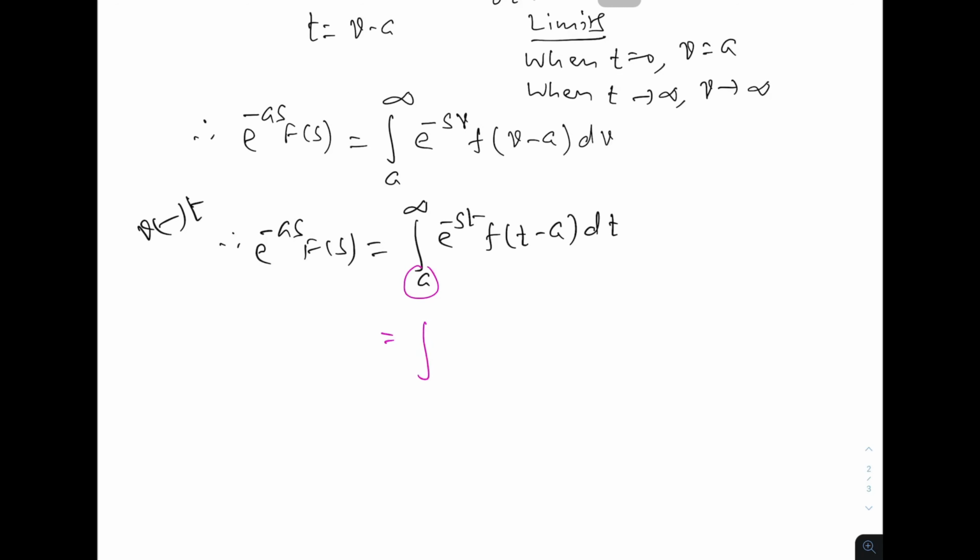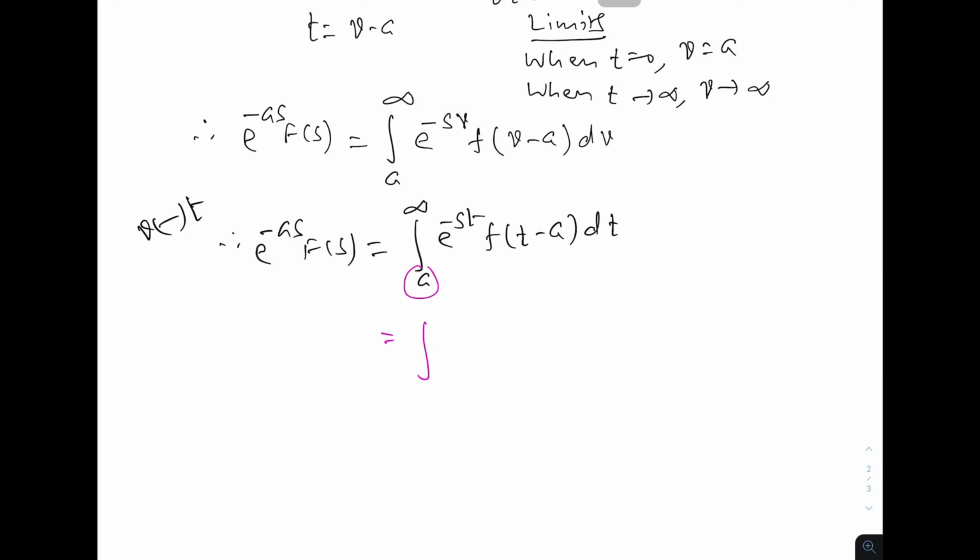Okay. Now there is one simple result again. Just translate here t minus a. We write like this, same result: f of t u of t minus a is nothing but e to the power minus as, this is Laplace transformation of f(t).